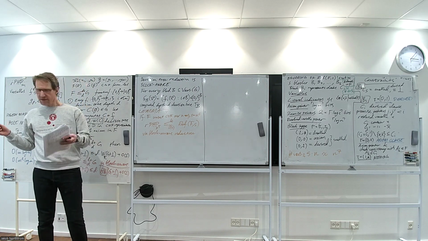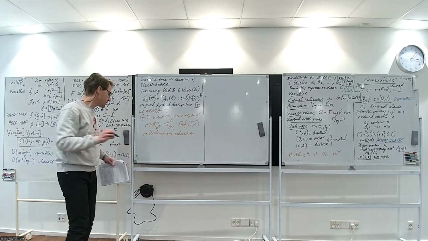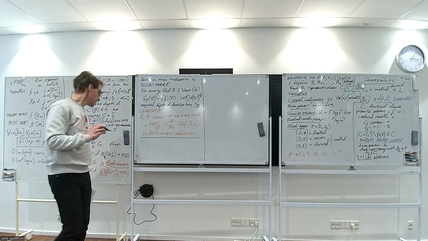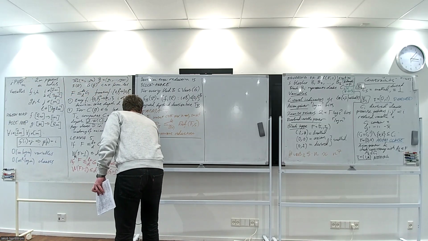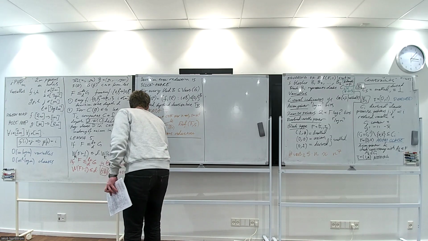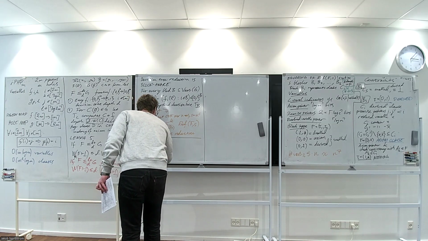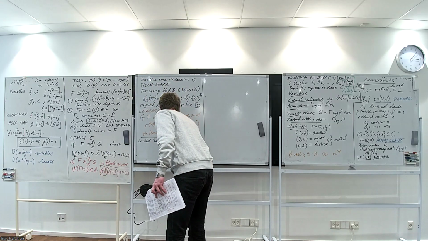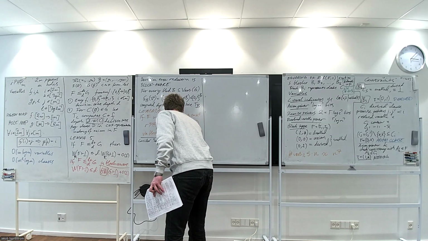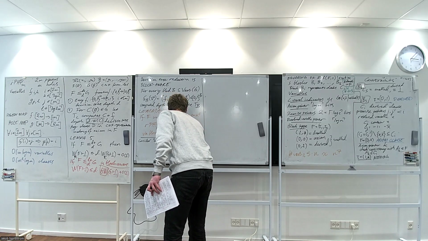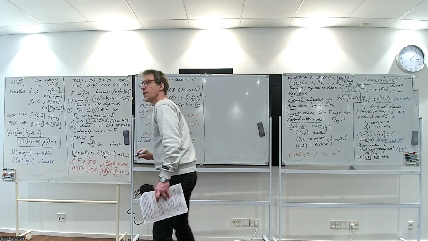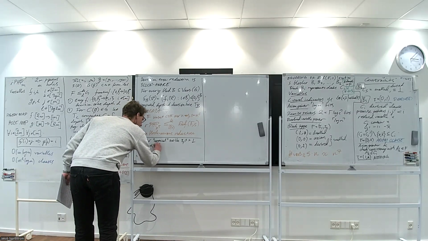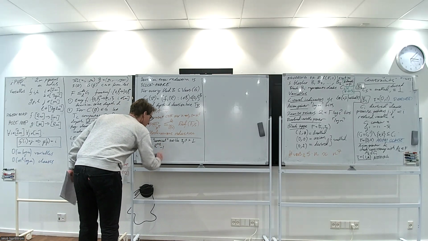Basically what I'm going to do is the following. Let me do it by picture. Let us consider the canonical tree-like refutation of length 2 to the n plus 1 minus 1.